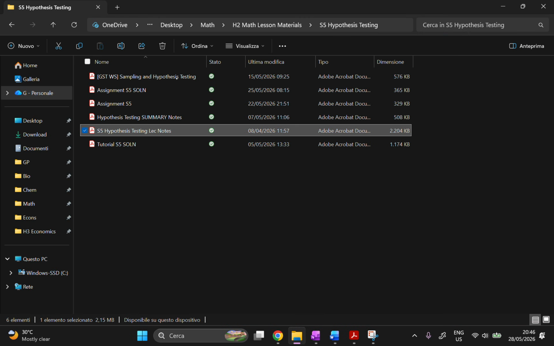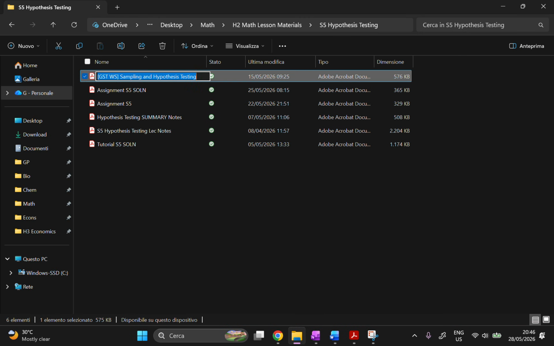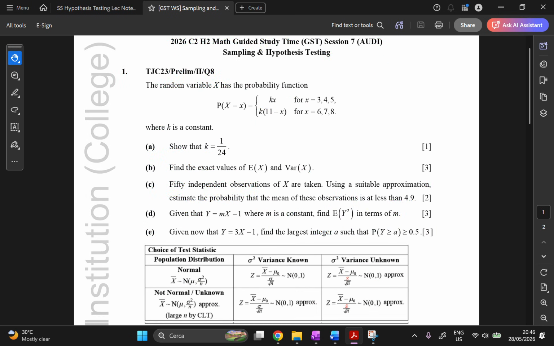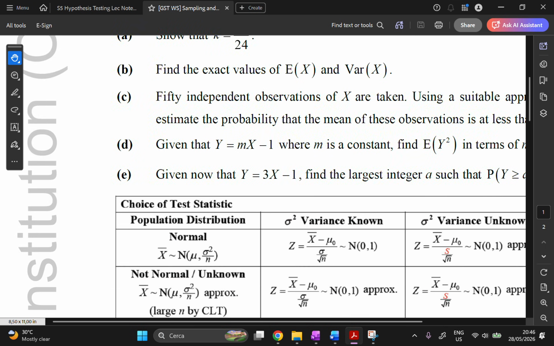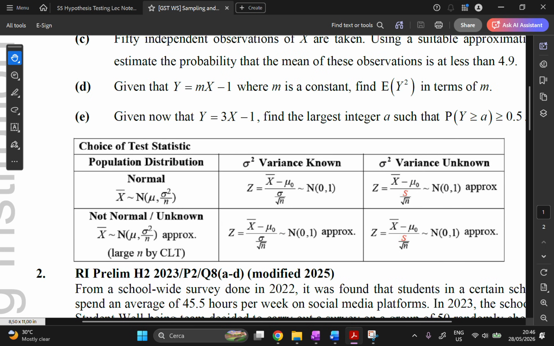I think in the GST worksheet on sampling and hypothesis testing, Miss Joyce Lee, who created this worksheet, actually summed it up quite nicely here. You need to know how to write it, whether to write sigma or to write S. Okay? And once again, if you use CLT, you need to add one word at the end, approx. Okay? Please be aware of this. Screenshot this if you have to.